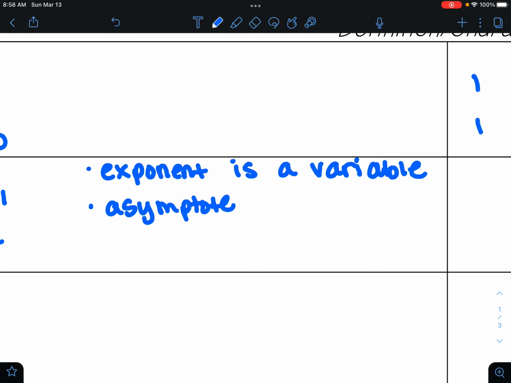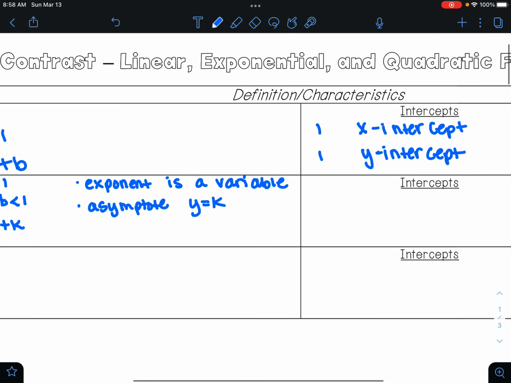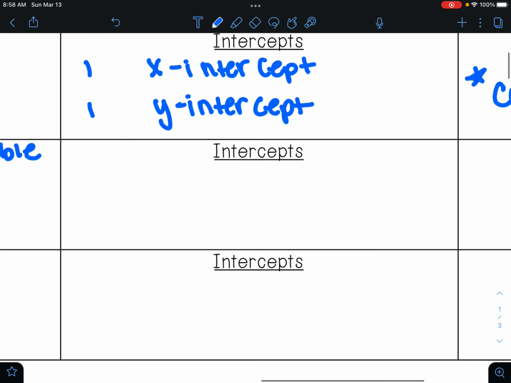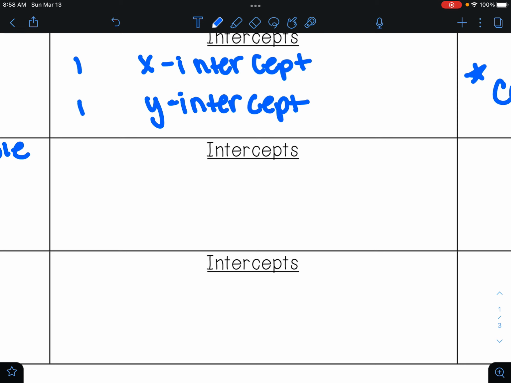This is the line that the curve approaches more and more closely, and it always is of the form y is equal to k. For exponential functions, you could have 0 or 1 x-intercept, and you will have 1 y-intercept.